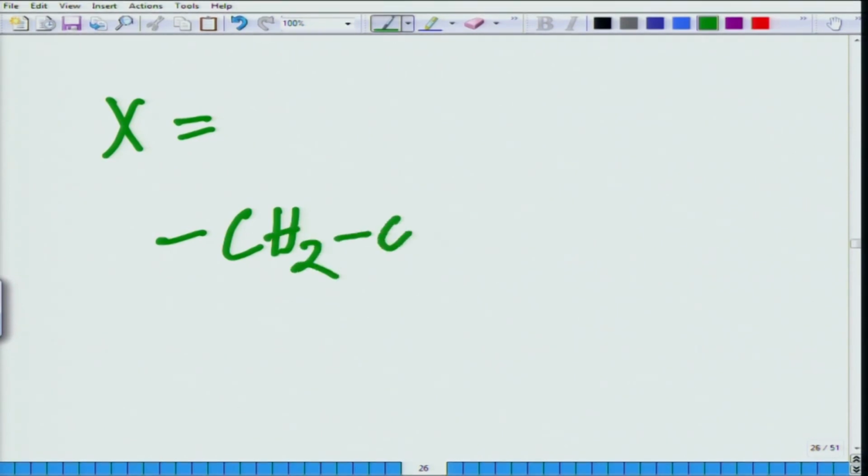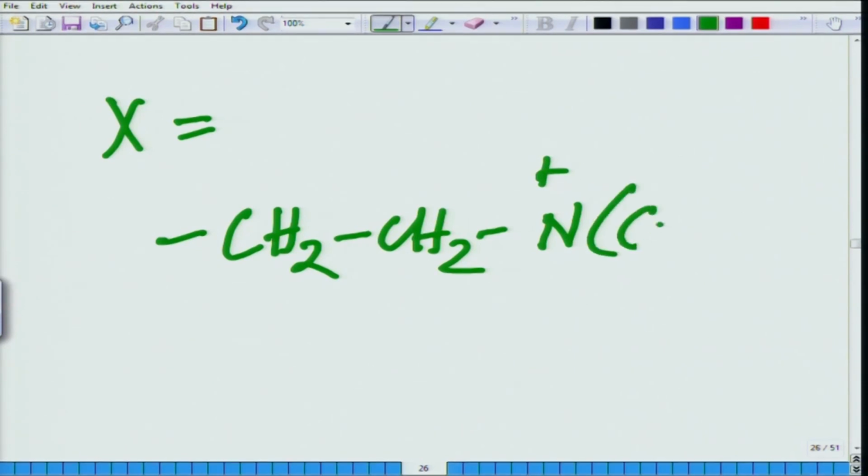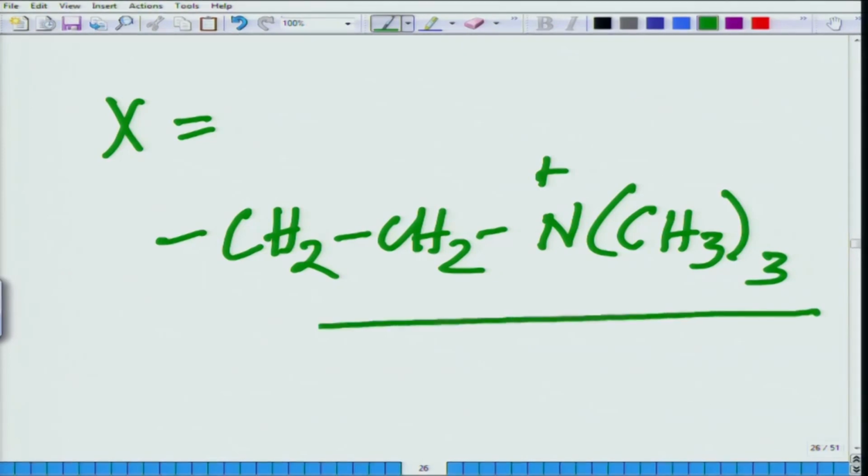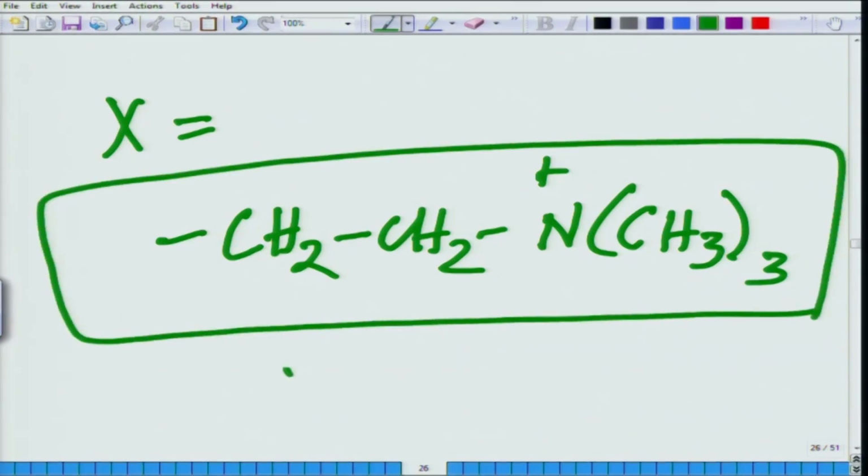So, that choline group X is equal to CH2, CH2, plus N, CH3, 3. So, this is the choline group.